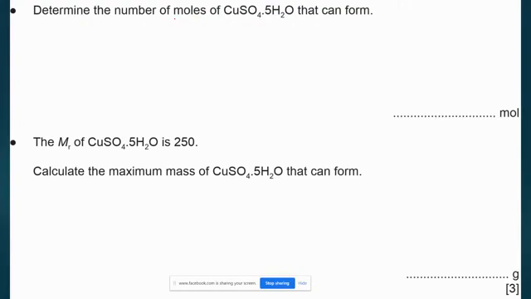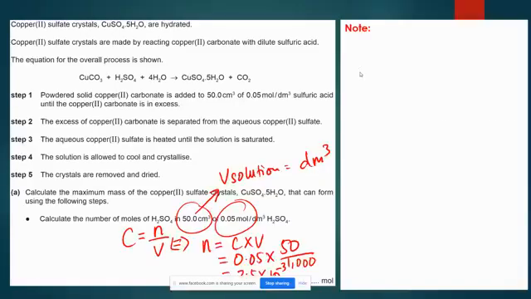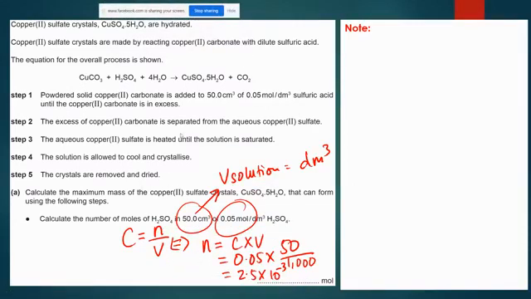Determine the number of moles of copper 2 sulfate pentahydrate that can form. Okay, so we have found the number of moles of sulfuric acid.